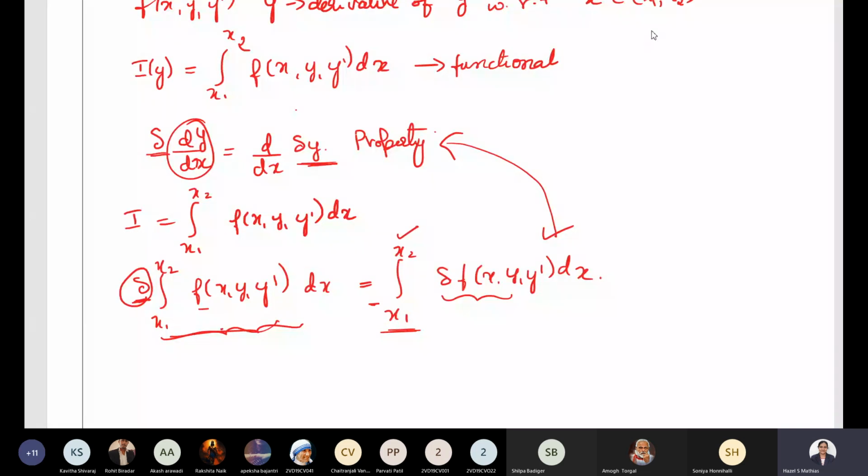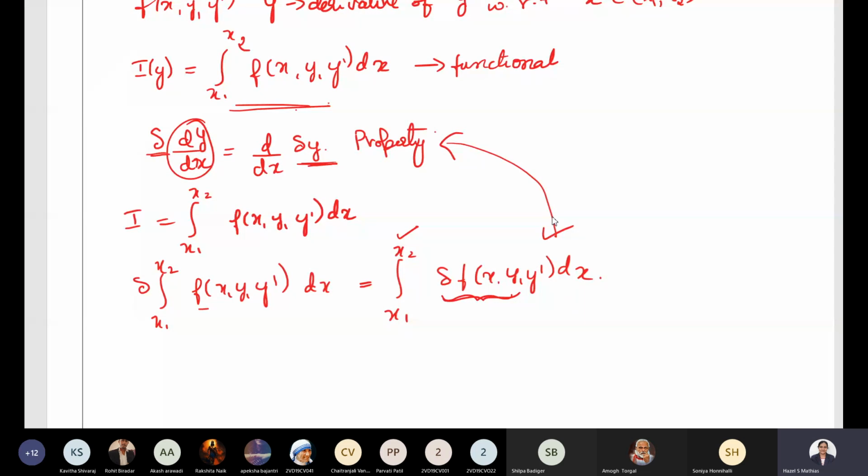I hope you are able to understand the meaning of this. I repeat once again: delta stands for variation, and the definite integral stands for the functional.